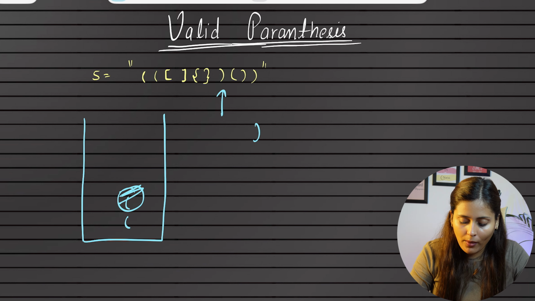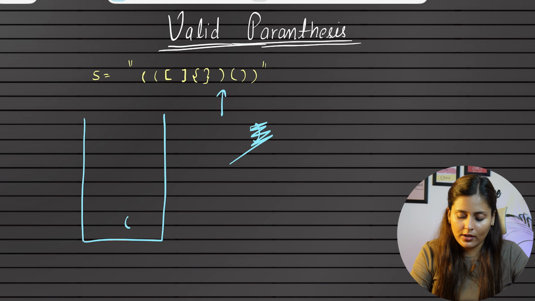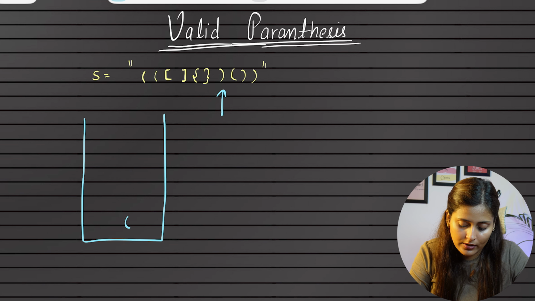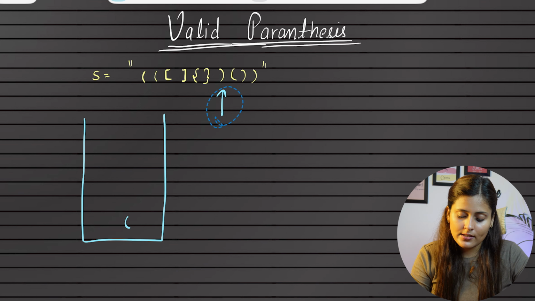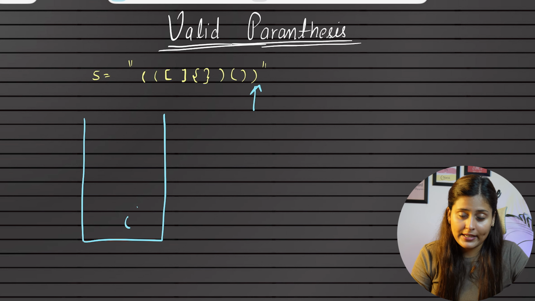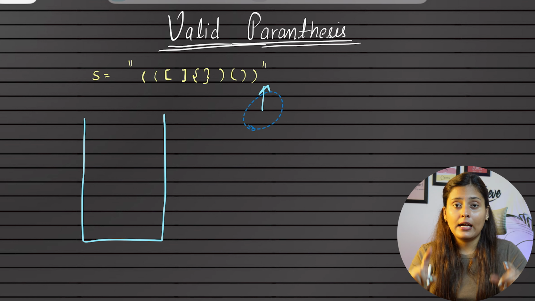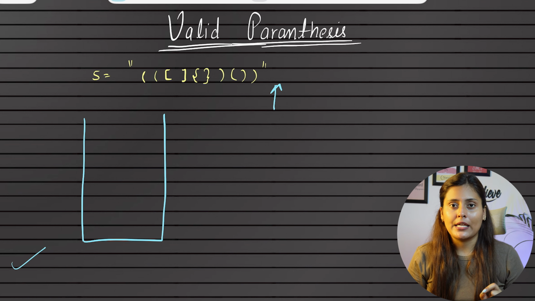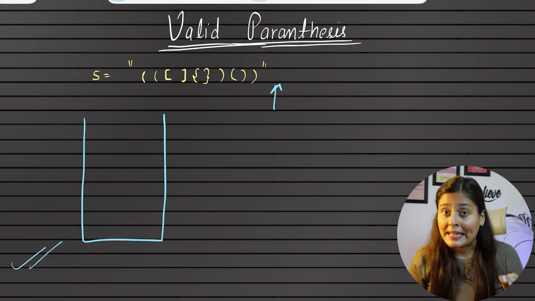Again we will pop, and we will not consider the closing bracket for the stack anyhow. Now we'll move to the next. It is open, we will insert. Next, it is closing, so definitely the top element is open, so we will pop. Again we'll move to the next. It is closing, the top element is open, so we will pop, correct? And we'll go out of the index. Now as the stack is empty, we can say it is a valid pair.